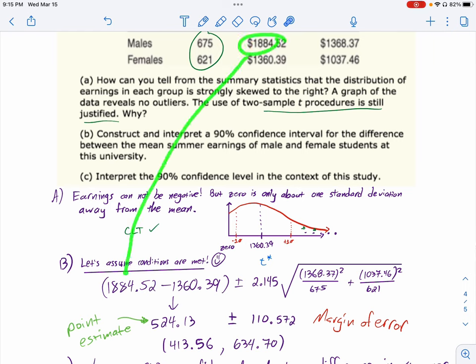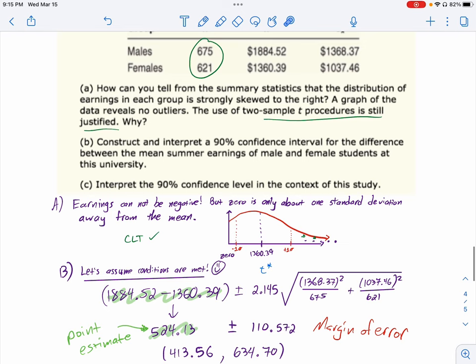This number is the male average. This number is the female average. Okay. When I subtract those, this will be my point estimate. So this shows, based on our data, the males are making $524 more than the females on average. Then, again, where does 2.145 come from? Good question.